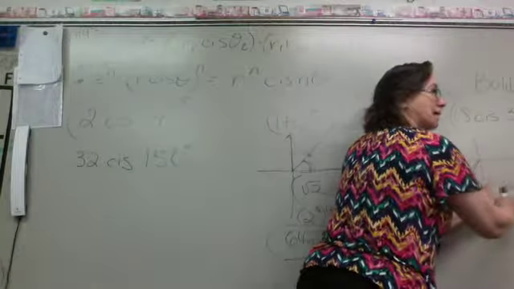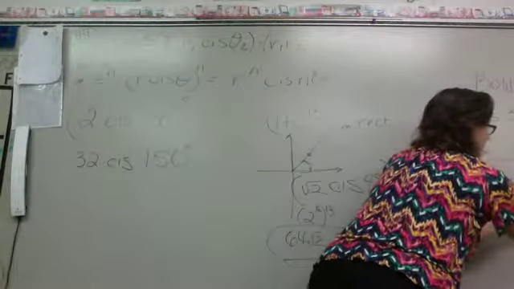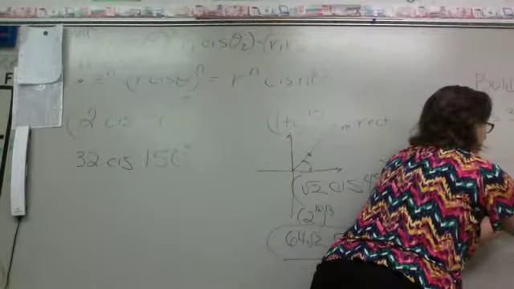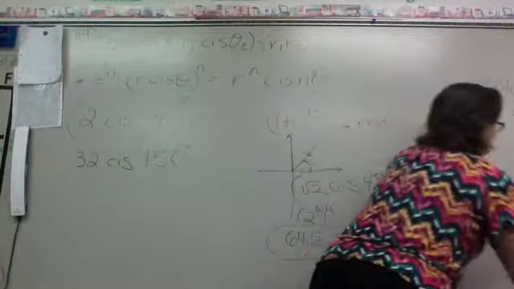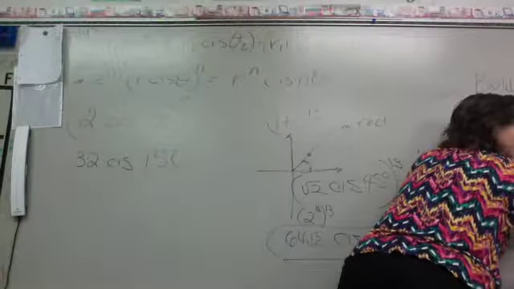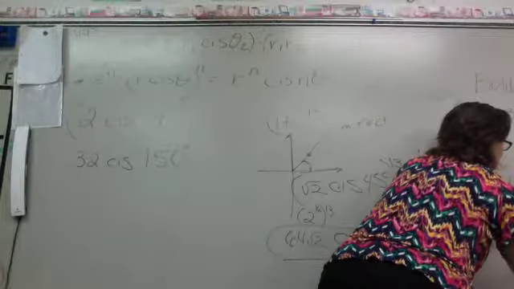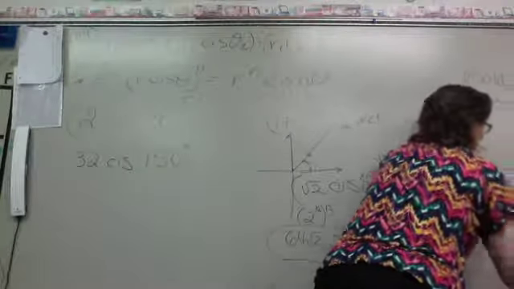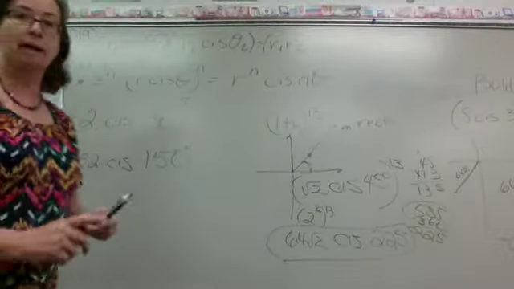Then when I multiply this through, the square root of 2's multiply to make a 2 that cancels with the 2, and I get negative 64. And then plus I, the square root of 2's multiply to give me a 2 that cancels, so I get negative 64I. So I've got negative 64 minus 64I, which is correct.